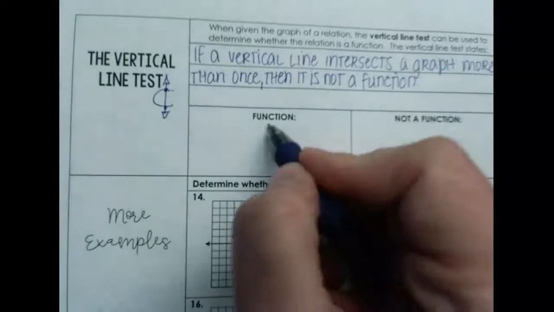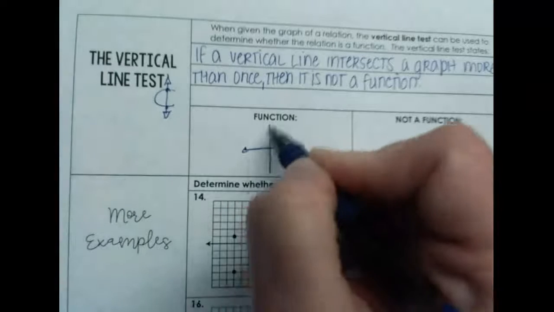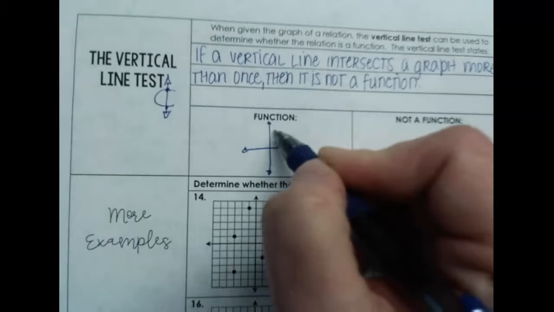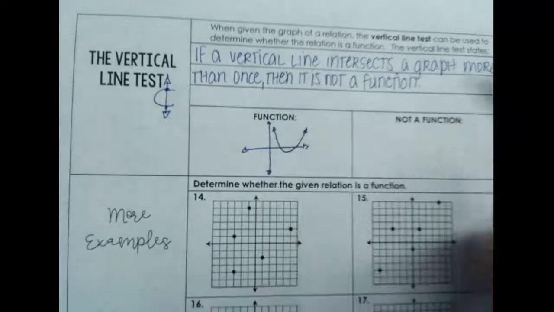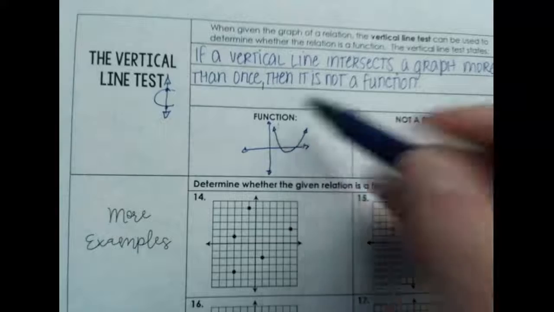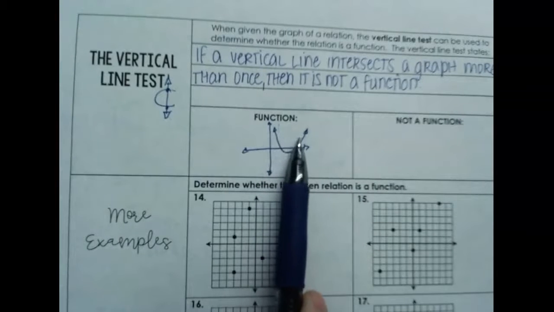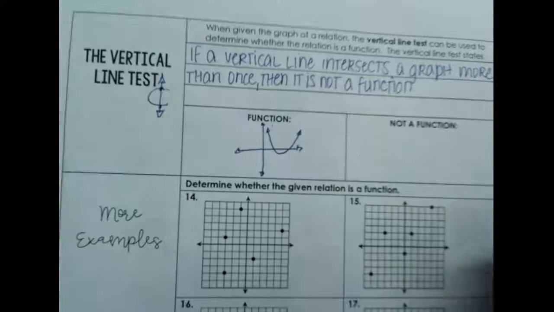So an example, we put our axes on, and I'm going to make a parabola. A lot of times you're taught to use your pencil. Does it intersect the graph more than once as you go along? No. So this is going to be an example of a function.